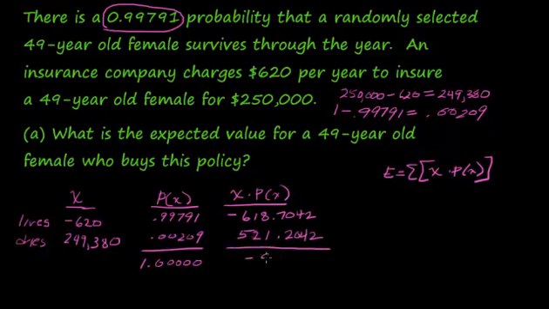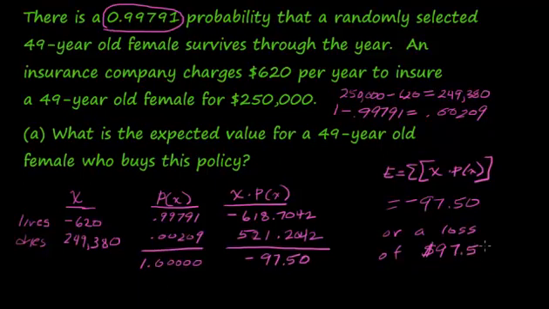The sum of this column gives us our expected value. We get negative 97.50. So this expected value equals negative 97.50, or a loss, because it's negative, of $97.50.